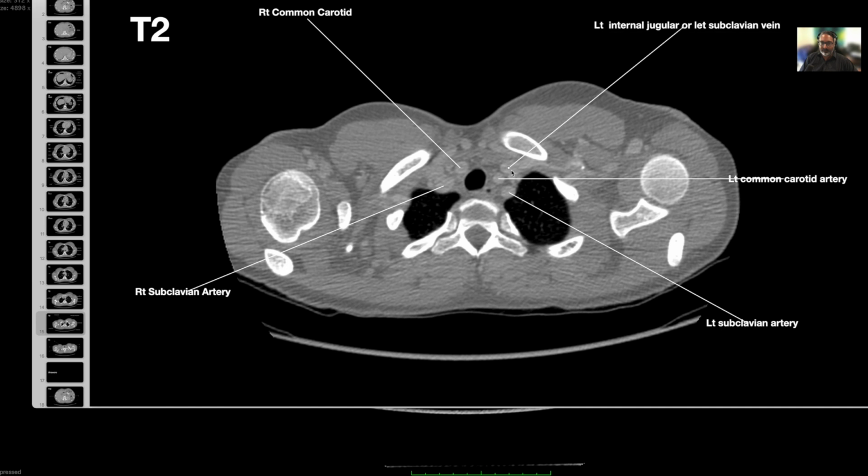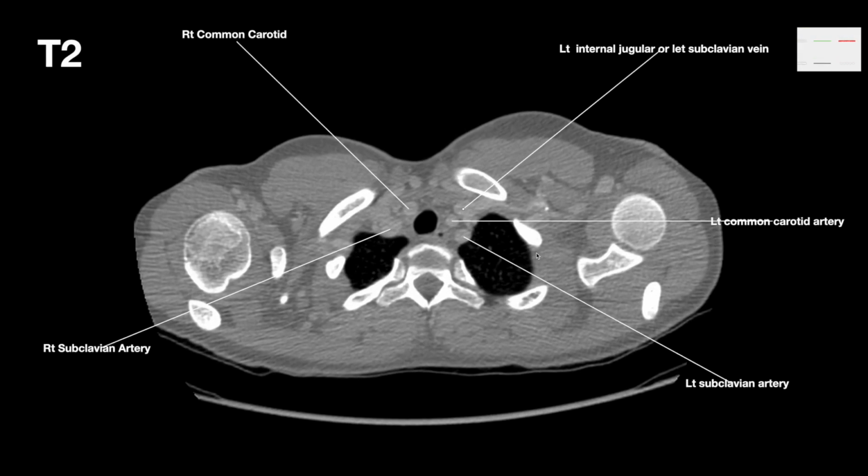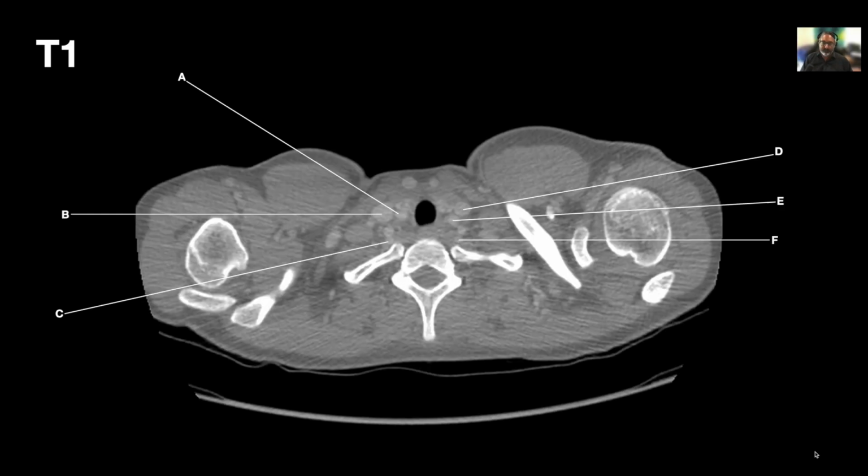If I pointed there, that would definitely be the subclavian vein. But I'm glad we had that discussion. The discussions are good because they teach you a lot. All right, so you got that right. Well done. All right, let's keep going.